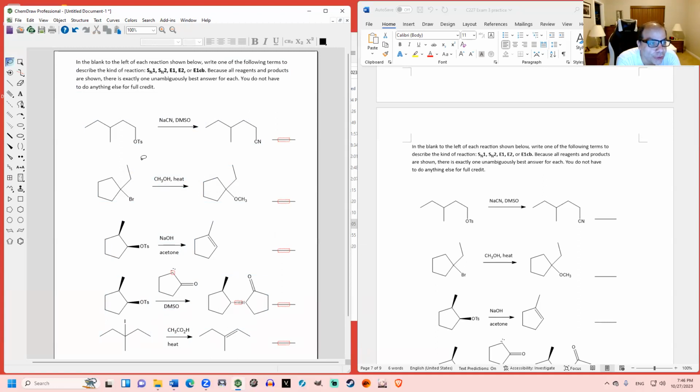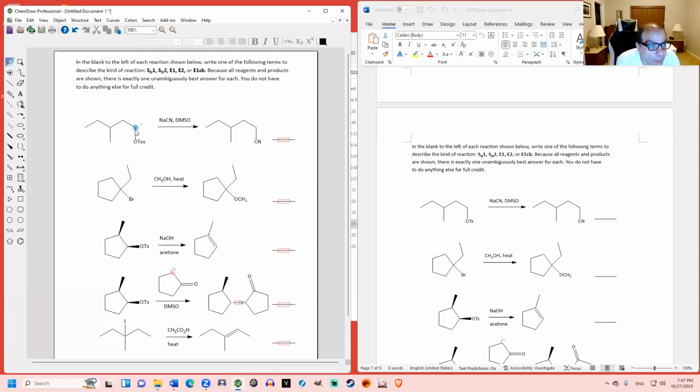In the first reaction, we've got a primary substrate with a really good nucleophile and a polar aprotic solvent. And when we look and see what's happened, we see that the tosylate has been replaced by the cyanide. So that's a substitution reaction. That means it needs to be either SN1 or SN2.